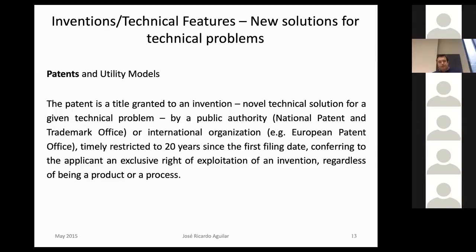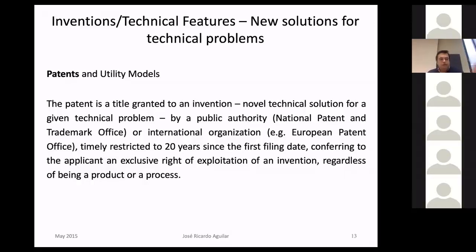And after that period, that invention turns into public domain, so no one can block that again as a monopoly by itself or as a group of people. And this will, of course, bring the right of exploitation of an invention, regardless of being a product, a process, or sometimes a method as well, for, as I told you, a novel technical solution for a given technical problem.